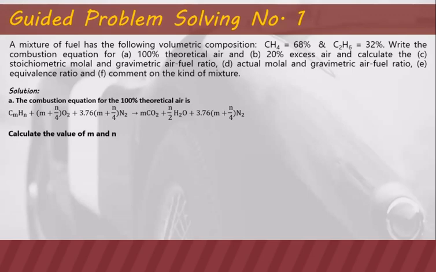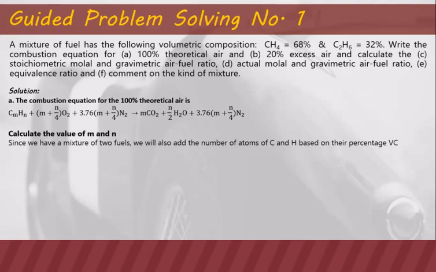To calculate the equivalent amount of M, carbon, and N, hydrogen atoms for the fuel, we have to add the number of atoms of carbon and hydrogen based on their percentage volumetric composition. In the problem, we had 68% methane and 32% ethane.